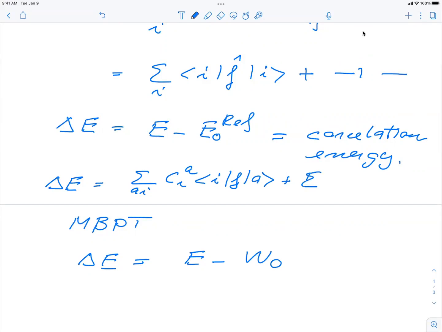And now we are not putting in a factor of a half because that will come in the definition of the coefficients. And in this case, we had a sum over two particles and two holes. So there's a two particle, two hole excitation. And this would stop at the level of a two-body interaction.